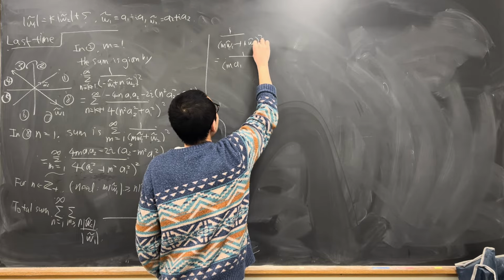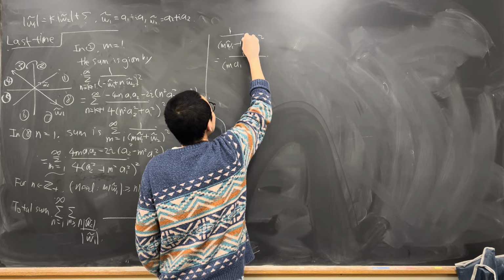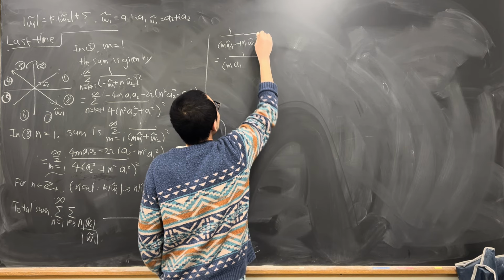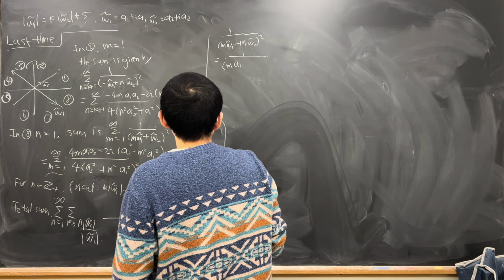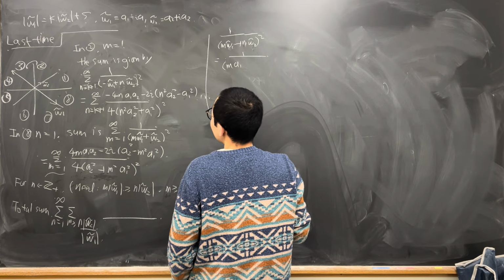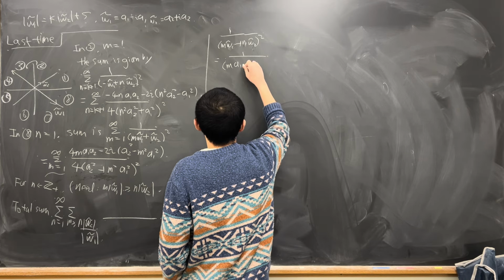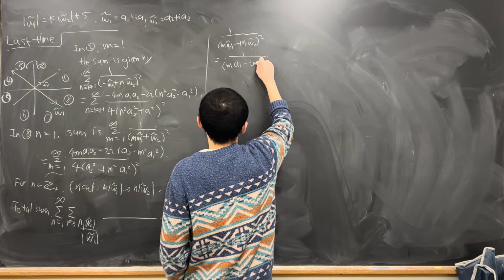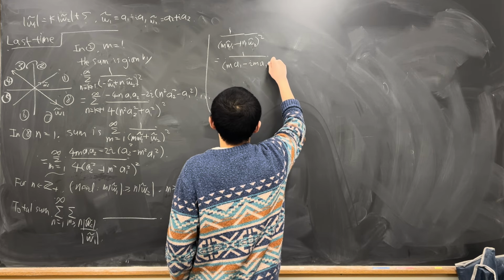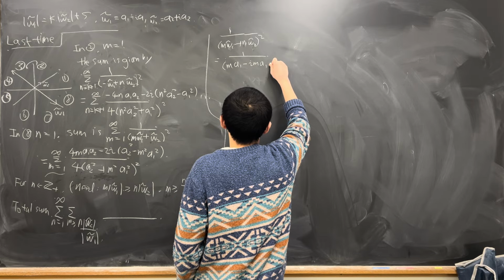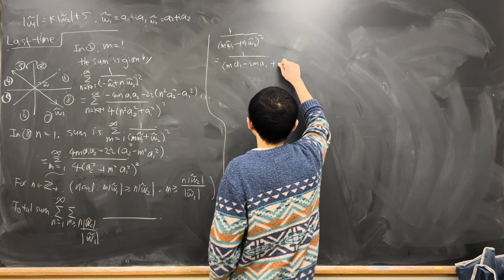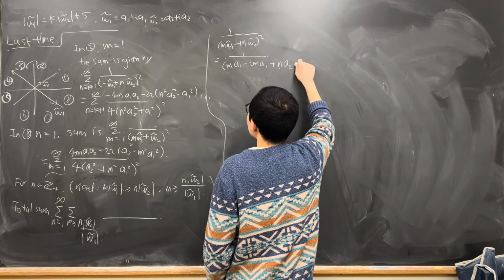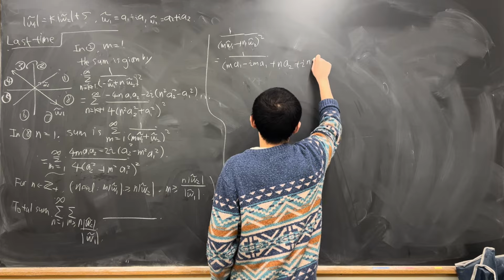So this is n omega 2. Okay, so m times A1 minus i m A1. And then plus n omega 2, which is nA2 plus inA2.